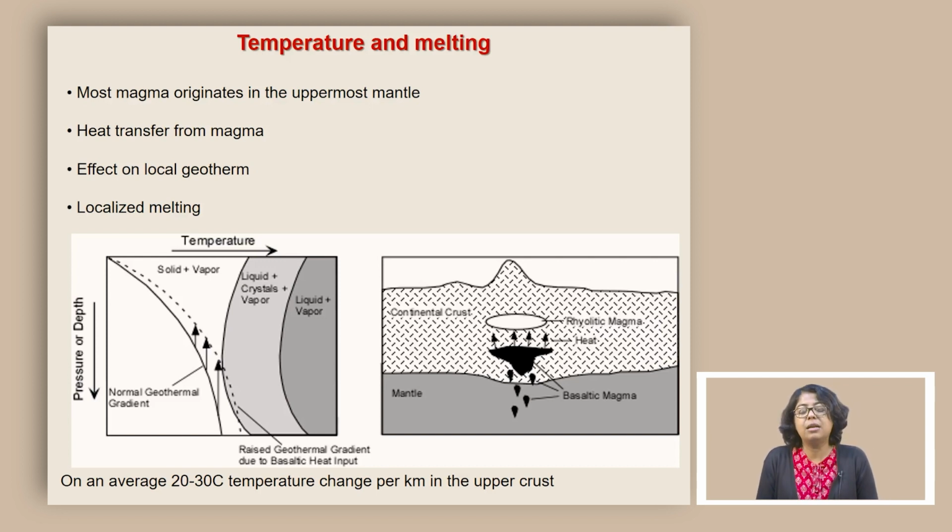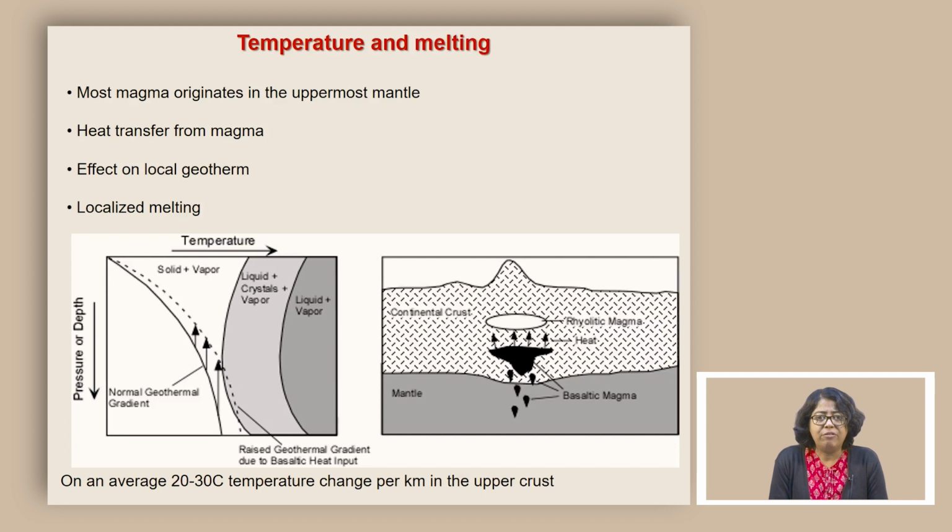And these meltings are not complete melting, neither are they global melting in the sense of the entire crust does not melt. The entire magma also does not contain only the liquid phase. So, we are primarily talking about a phase where there is liquid, there is solid, as well as a bit of vapor.